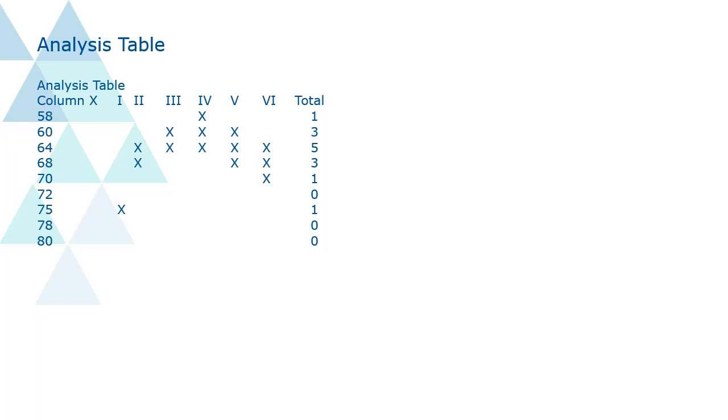In the analysis table, in column X we define the 6 steps that we have done in the grouping table, and the vertical rows we define as the X values which are given in the problem. The same will be taken. Now how are we marking it, how are we arriving at the answer? Here it is by marking a cross mark or tick mark, whichever is feasible, on the highest values.